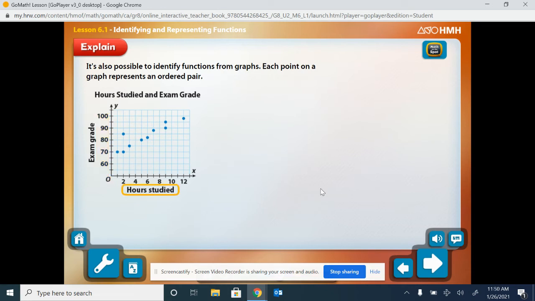In this example, the graph shows the relationship between the number of hours students spent studying for an exam and the exam grades. The input values are the number of hours spent studying by each student. The output values are the exam grades.